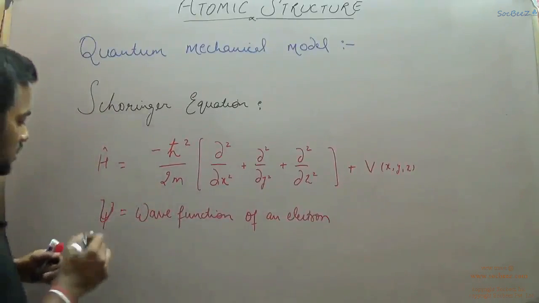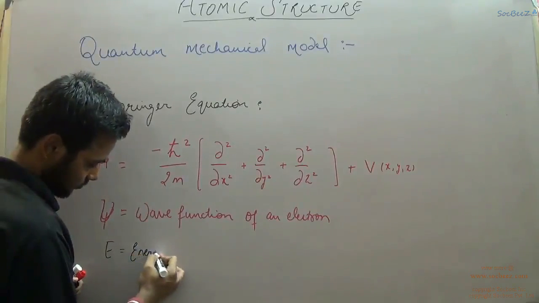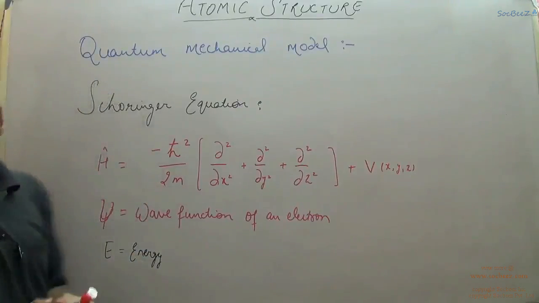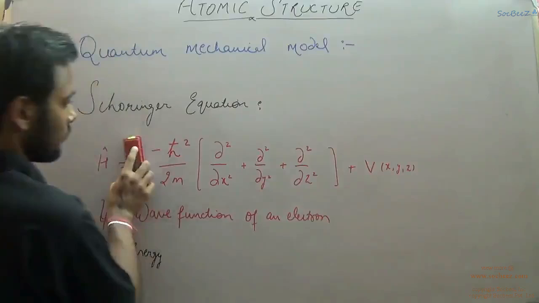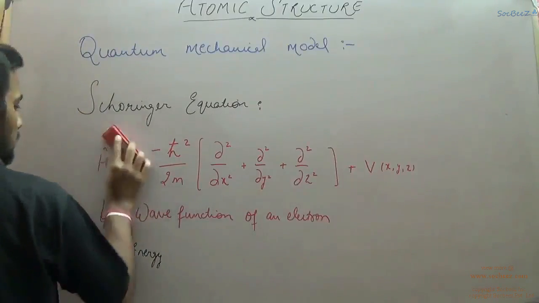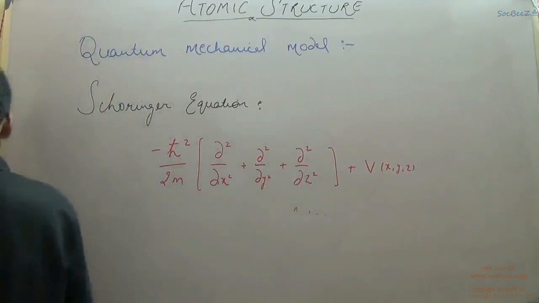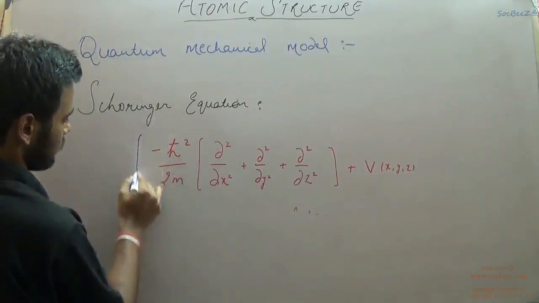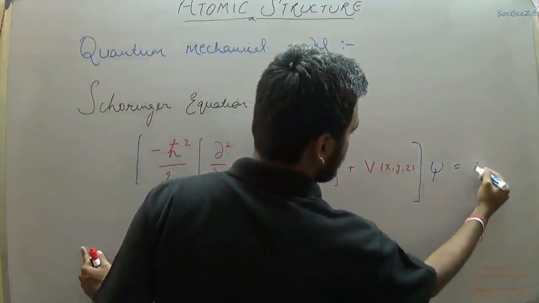Okay, so this is the wave function of an electron, and in the equation the E term is the energy. Okay, so therefore the Schrodinger equation is this: H psi equals E psi.